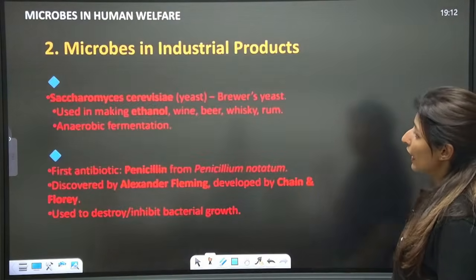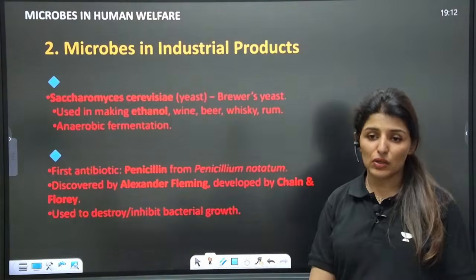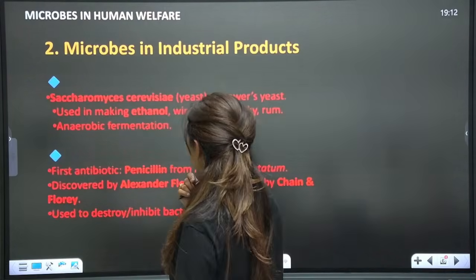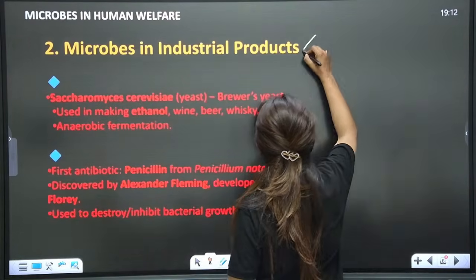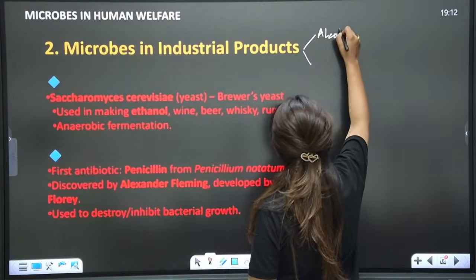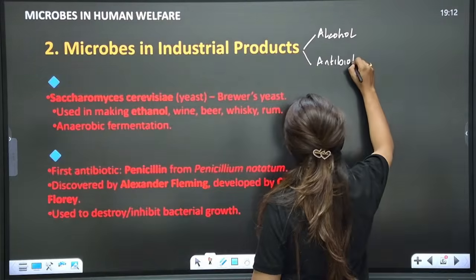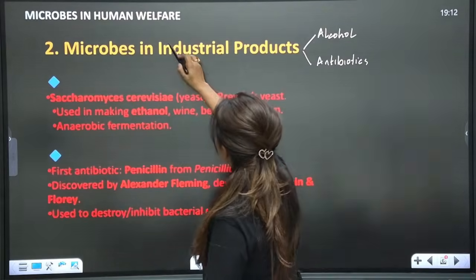So we have microbes in industrial products. For example, we are going to talk about alcohol and antibiotics. These are the two industrial products that we are going to study.